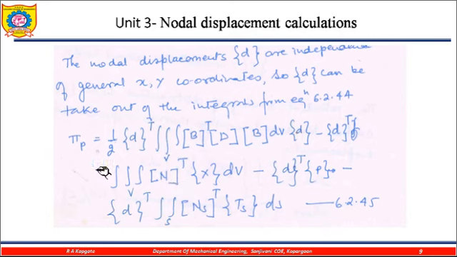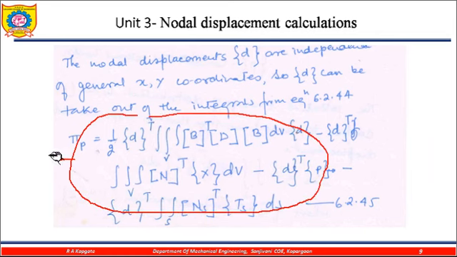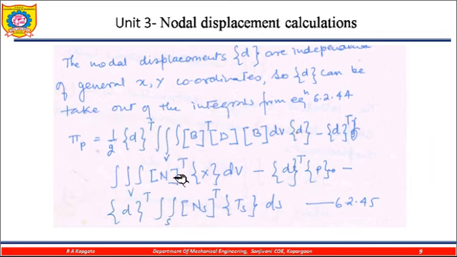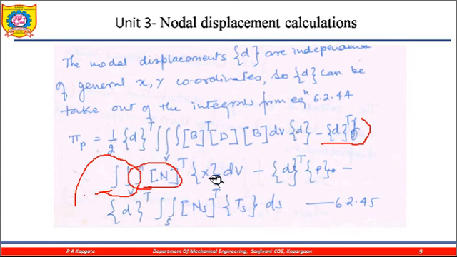Hence we are able to get this total equation in terms of the shape functions. The weight matrix is converted into the shape function matrix into X, then the point load, and again the surface traction is in terms of the shape function matrix, traction into ds.